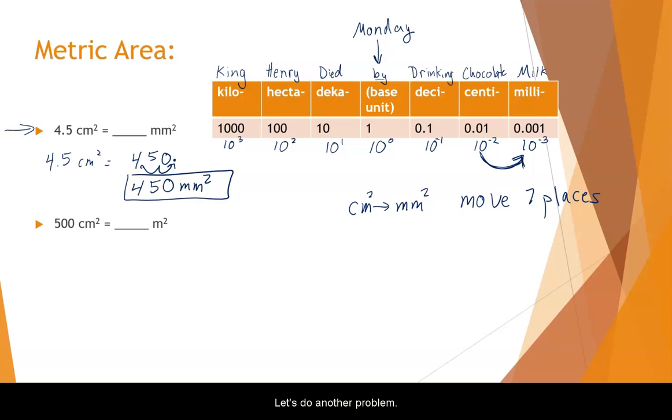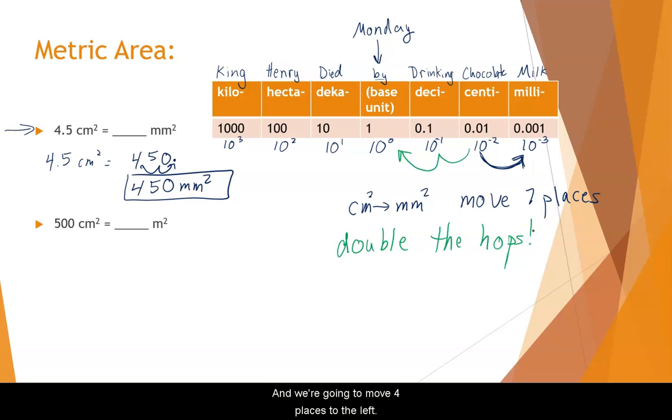Let's do another problem. If we have 500 square centimeters, and I want to change that to square meters, normally I would just move or hop 2 places to the left. Instead, I'm going to double that. Double the hops. And we're going to move 4 places to the left.